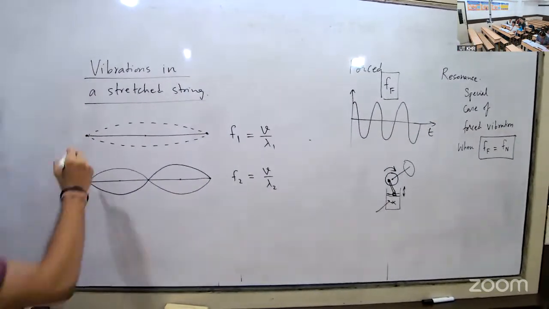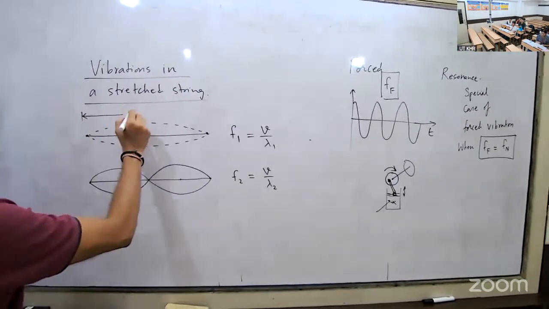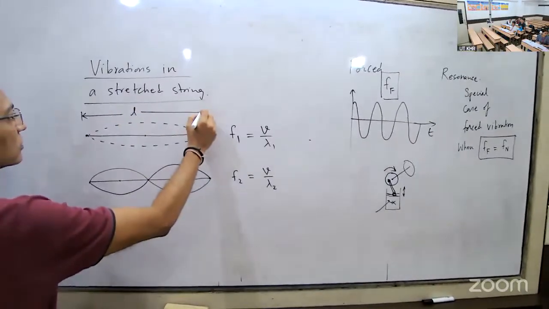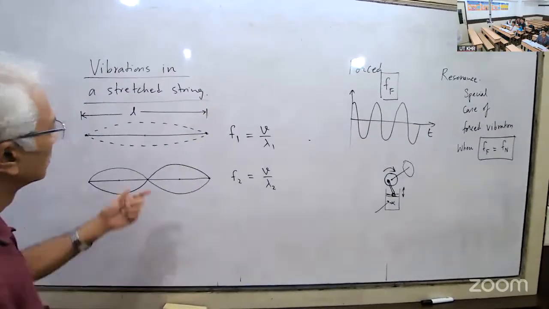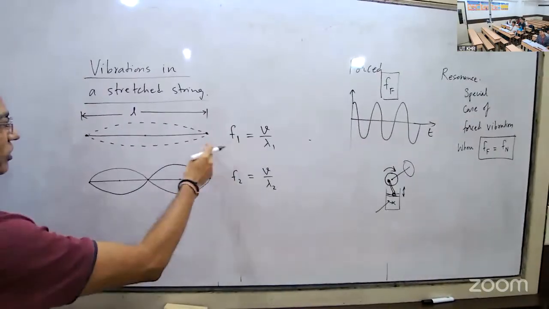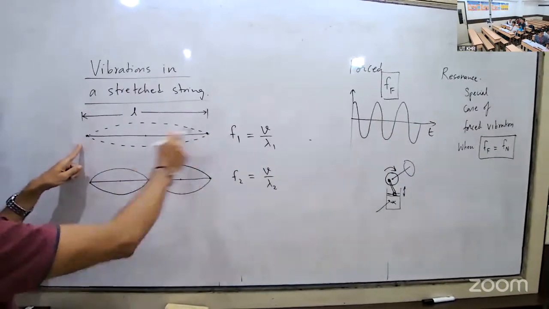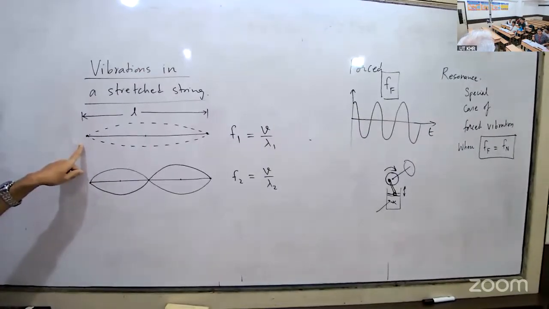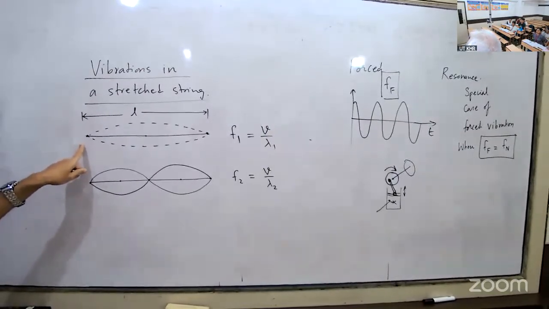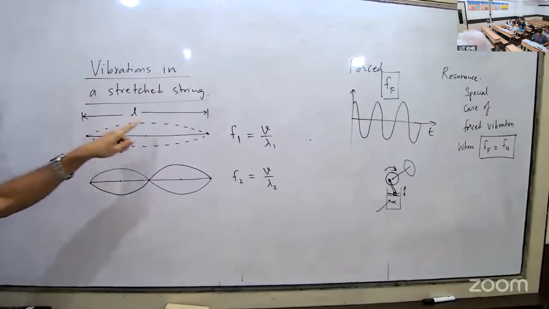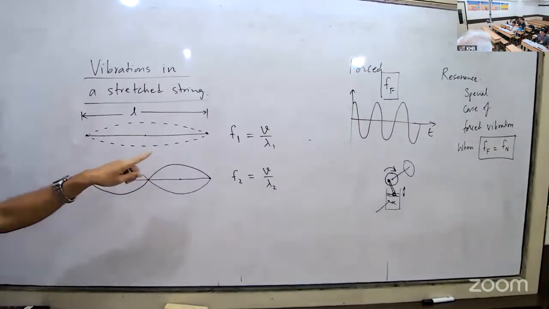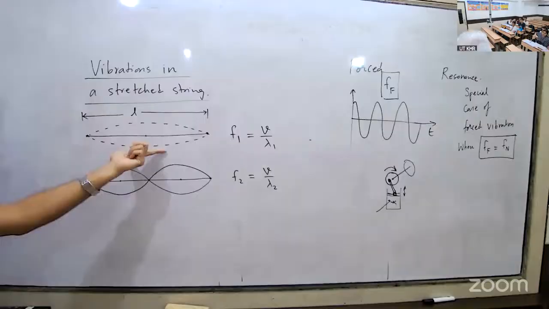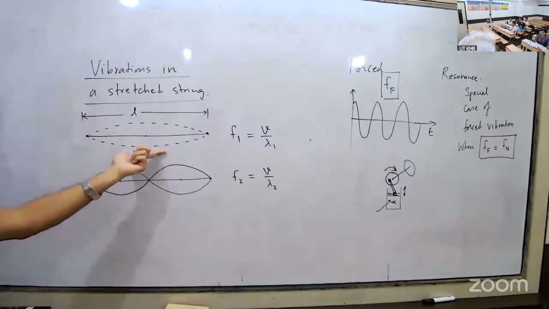Okay. If the length of the string is L, and the wavelength is lambda 1, what is this length in terms of wavelength? I am saying the wavelength produced in this vibration is lambda 1. Is it full wavelength or half wavelength? Half wavelength.